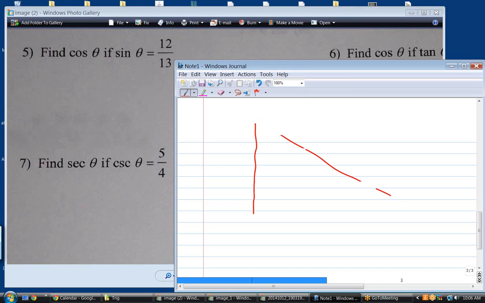And more importantly, label theta. Okay, now what can I do? If the sine of theta is 12/13, which sides can I label? You put the opposite and the hypotenuse, so the opposite would be 12, and then the hypotenuse would be 13. Now finish labeling the triangle, or finish dimensioning it.